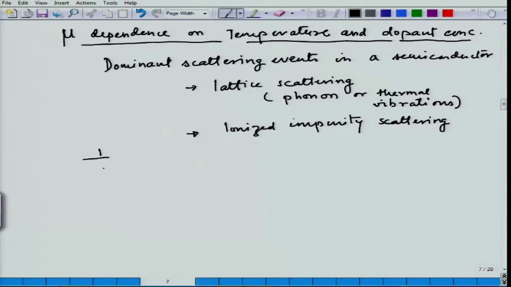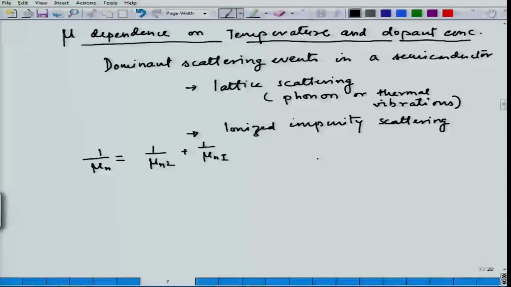If I want to look at the mobility effect due to lattice scattering and ionized impurity scattering, the overall effective mobility of the material, for electrons mu n, would be the mobility due to lattice scattering plus the mobility due to impurity scattering. I can always add these two scattering events as if they are two parallel events, and the overall effect is what I will see in the material.